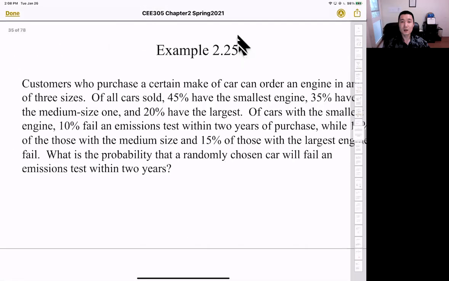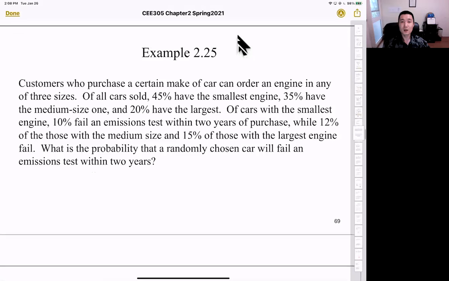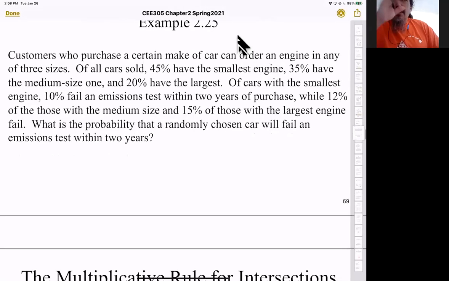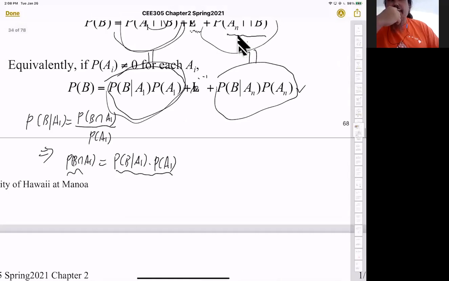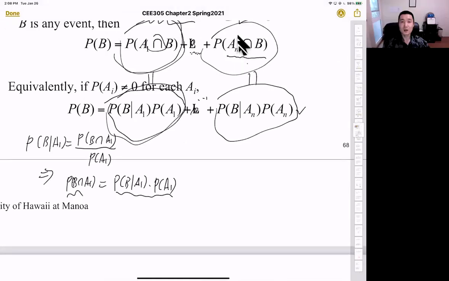Then let's look at the example. I'm sorry, what is that vertical line in the parentheses between the B and the A? What does that represent again? Given. Condition. Given. Okay, I see. P(B given A1) means given that A1 has already happened, what is the probability of B? Or in other words, the probability of B under the condition that A1 already happens.